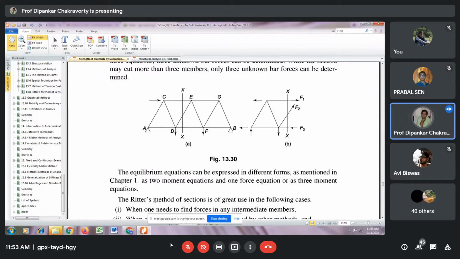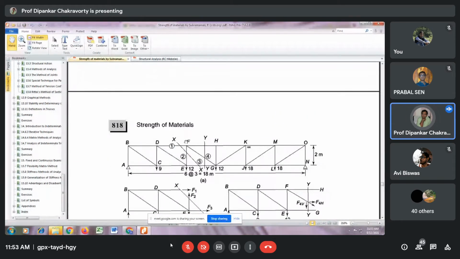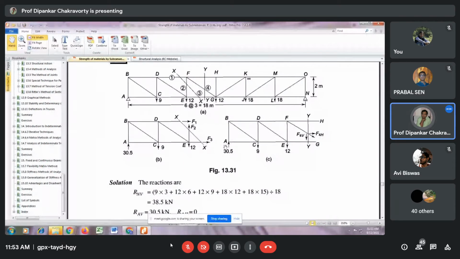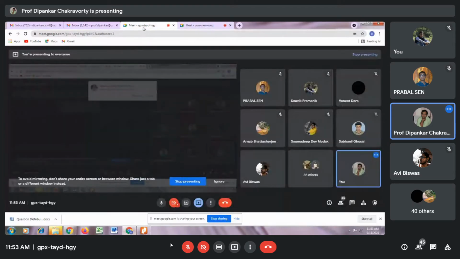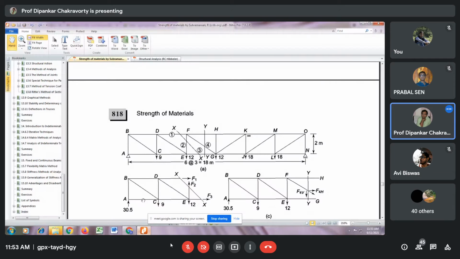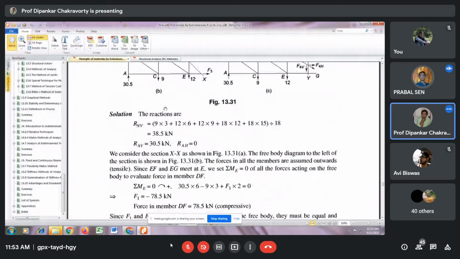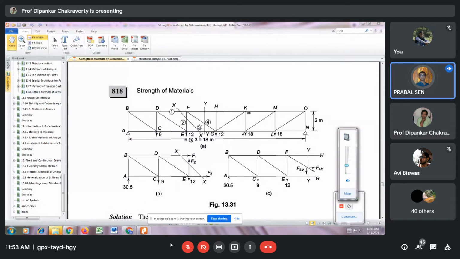Now, see, this is the concept. It will be better understood if we go to a particular problem. Let's do that. Sir, can you repeat why the section should not cut more than three members?